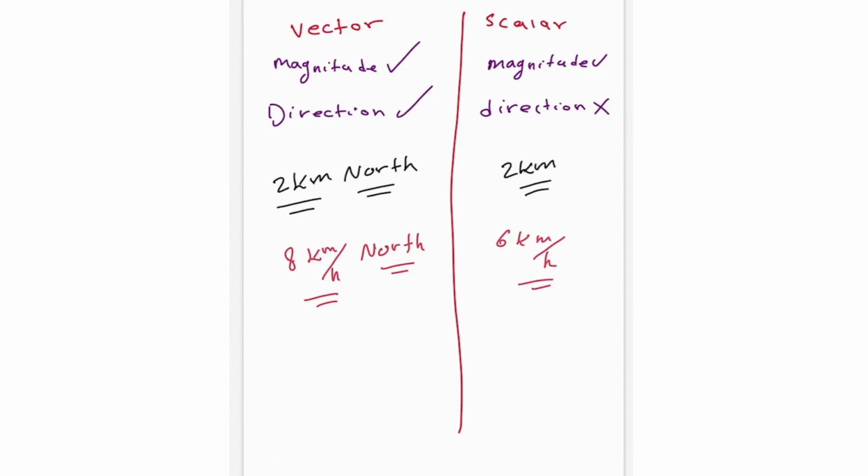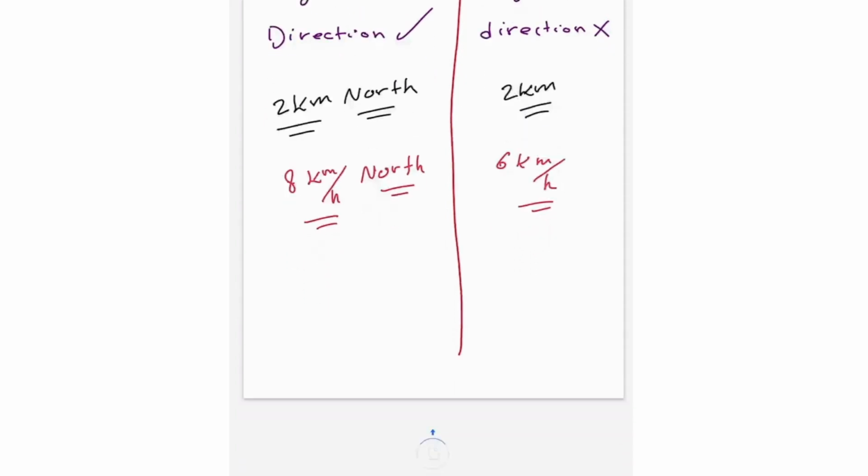But how do we determine the direction of a vector? There has to be a reference frame in which we define the direction. We designate a coordinate system to this reference frame to help us with defining our direction. So, in one dimension, our coordinate system is just a line.